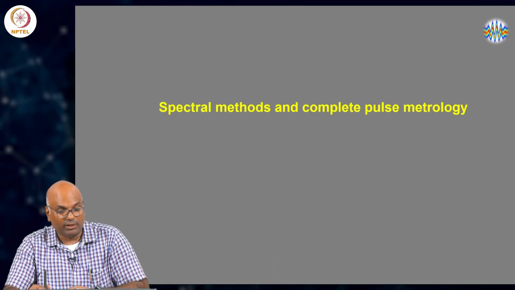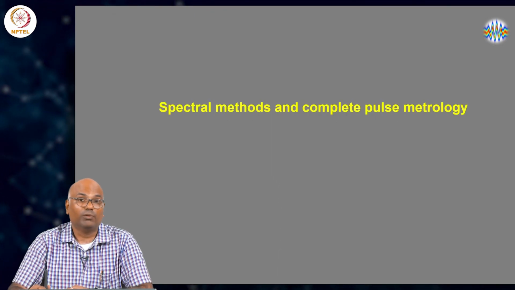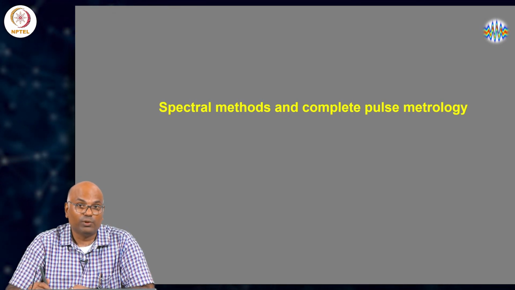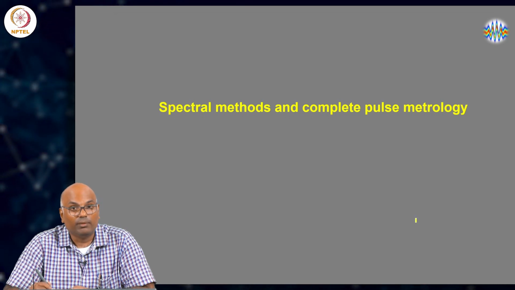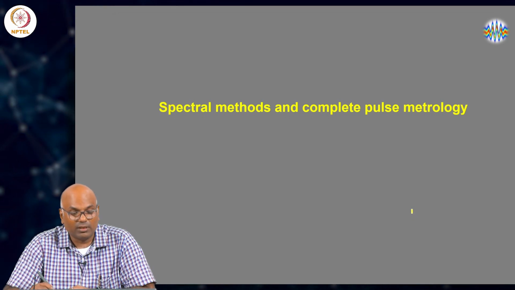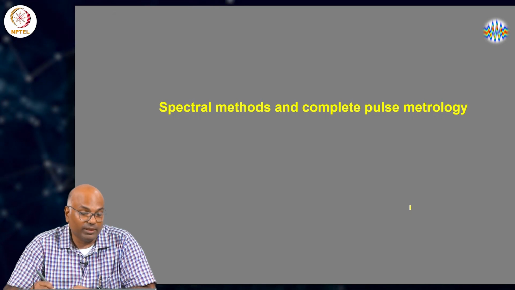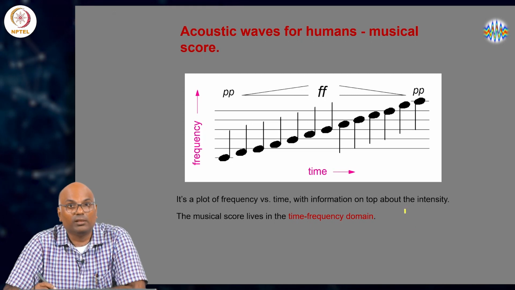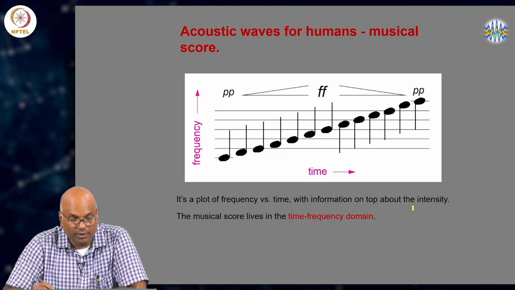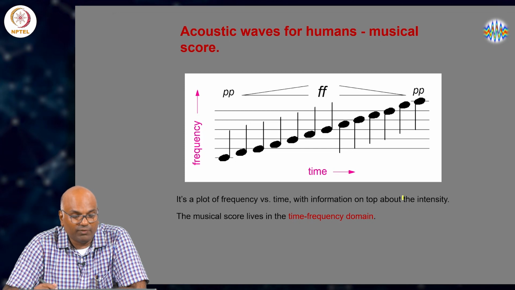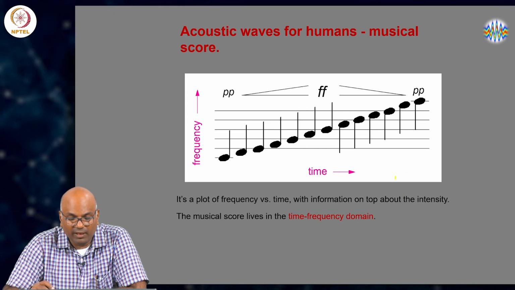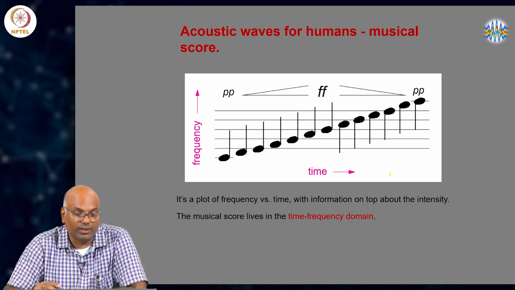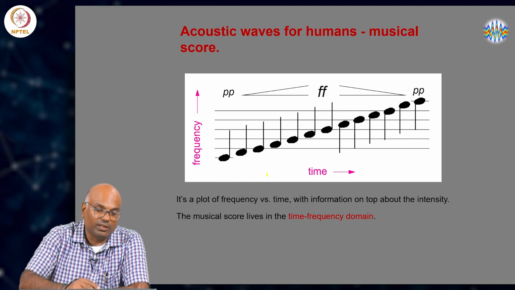And we saw in the earlier lecture that we want to therefore look at more complete metrology techniques, which would here turn out to be methods that rely on determining the spectral aspects of these pulses. And here, as I said earlier, we go into the acoustic domain and look at the spectrograms on which we write out music, where we have frequency changing as a function of time.